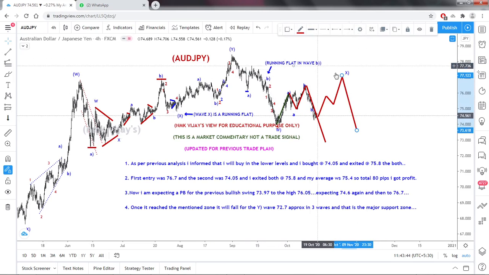Mind that this is a correction, so it will take more time and it will be overlapping only. But once the XY is finished, the ABC can come to the lower level of 72.5. So we will get around 450 pips if we enter at 77.